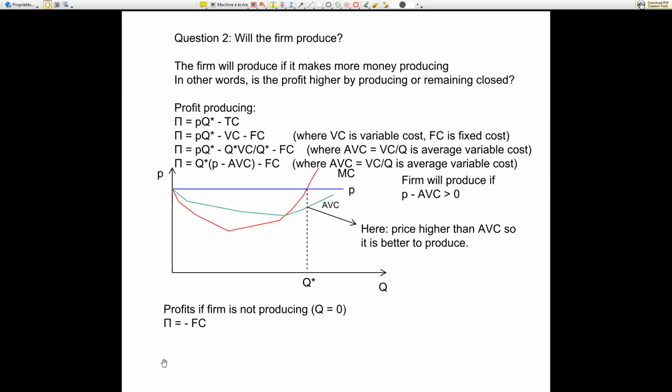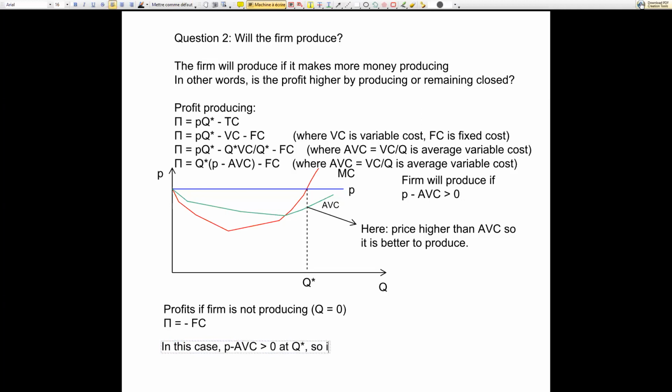All right, so in this case, variable cost, so P minus AVC at Q star is greater than 0 at Q star.